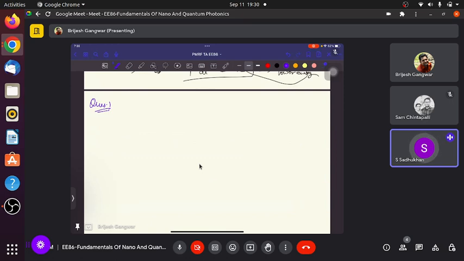Then we went to the laser. Then we studied some nano laser, and how we can minimize those things. There are so many things which are not available in general. From where can we go through the books, which books are suitable?